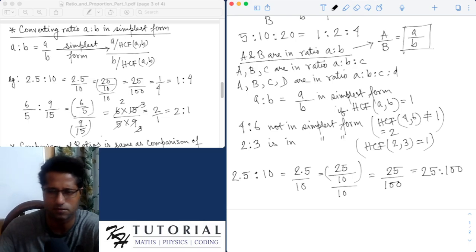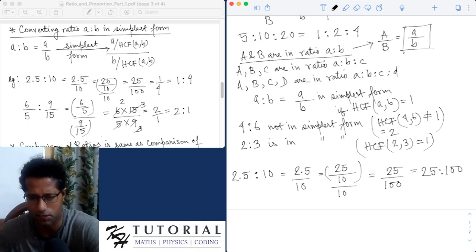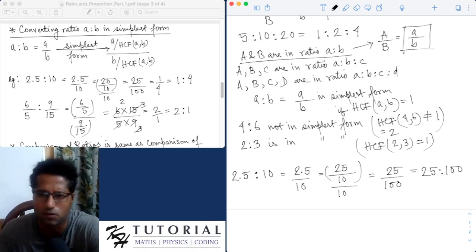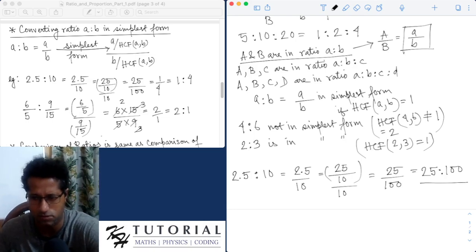We can always say that this is correct. So the ratio 2.5 is to 10 is equal to the ratio 25 is to 100. But this 25 is to 100 is not in simplest form.